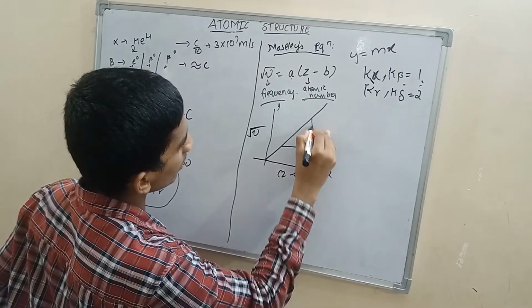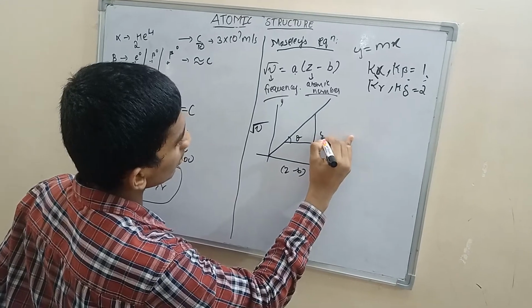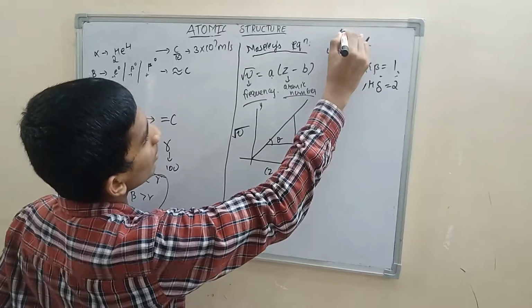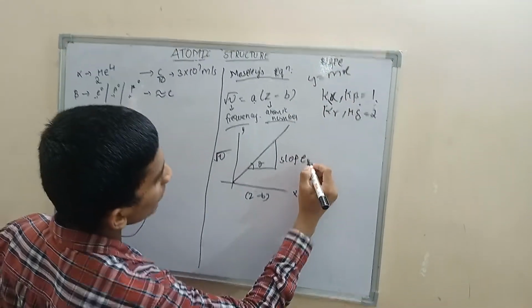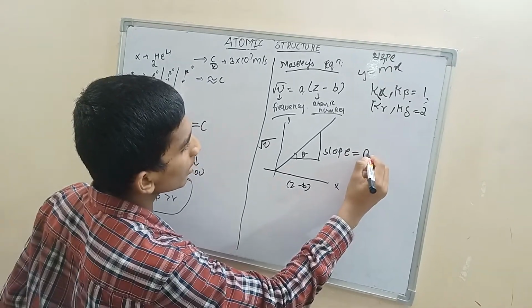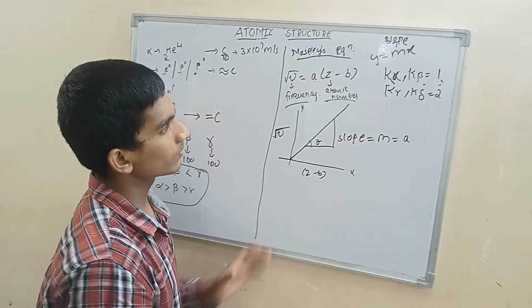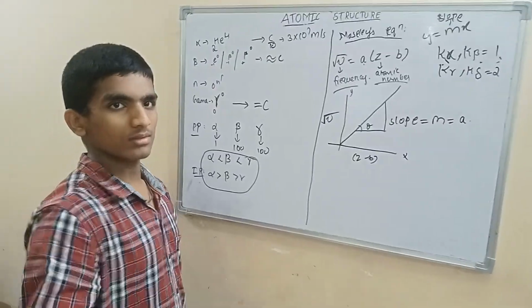What is slope? Tan theta is known as slope. Some angle just for representation. m is slope. We did not discuss it, but no problem. We will discuss it in the future. For now, just remember, slope is equal to m is equal to a. This is the graph of root nu is equal to a into z minus b.